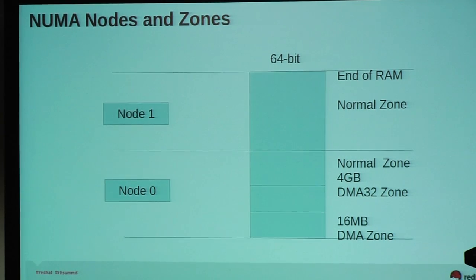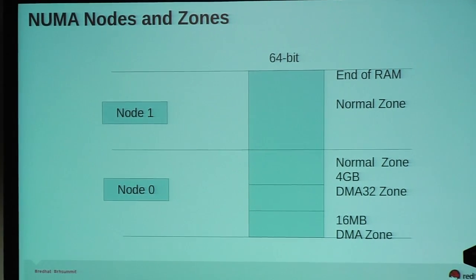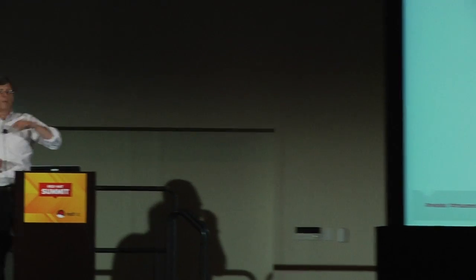And then the remaining memory on node 0 is what we call the normal zone. And then on node 1, all of the memory is just called the normal zone. So if you have a device or an application that needs memory in the first 16 megabytes or 4 gigabytes, it must run on node 0, or it will have to make remote memory accesses with a significant performance degradation.